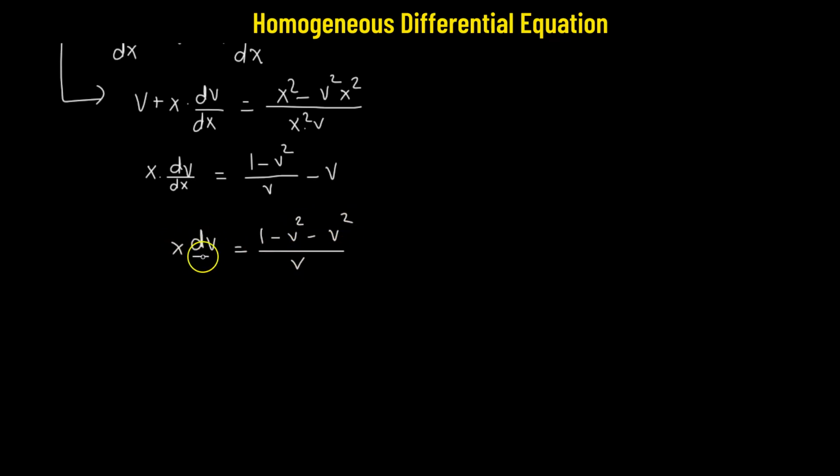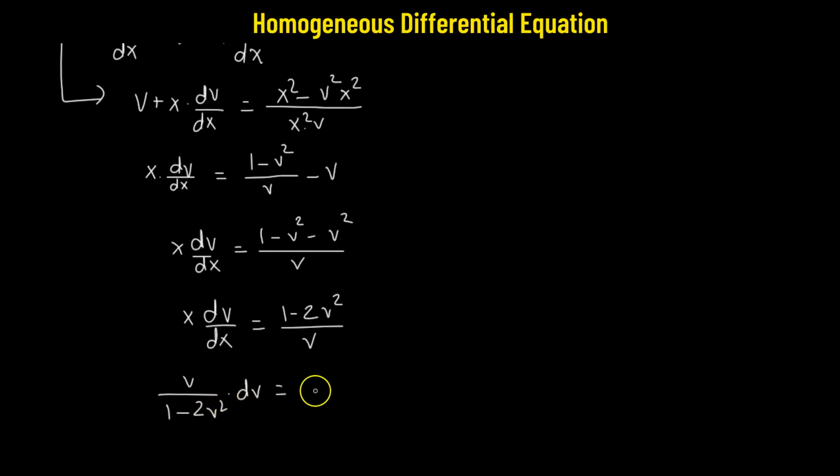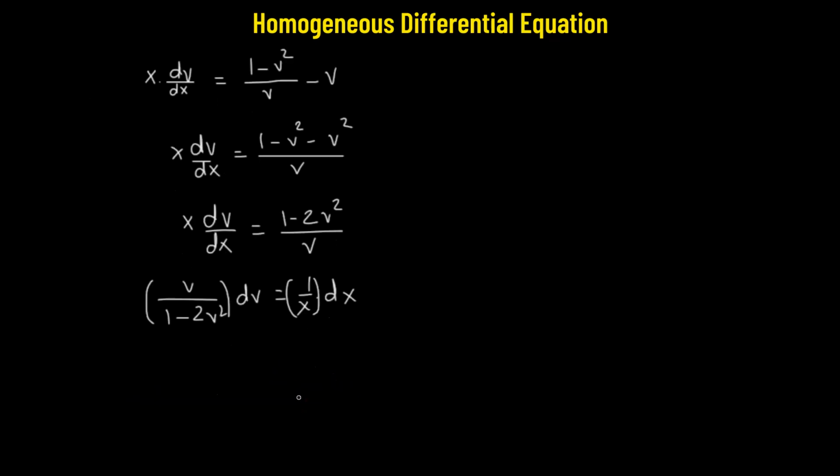We have x dv/dx equals (1 minus 2v squared) divided by v, which can also be expressed as v over (1 minus 2v squared) times dv equals 1 over x times dx. So this is in the variable separable form, because the coefficient of the differential dv is purely a function of v and the coefficient of dx is purely a function of x. Now we can integrate both sides.